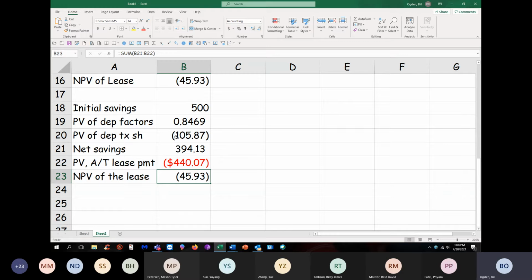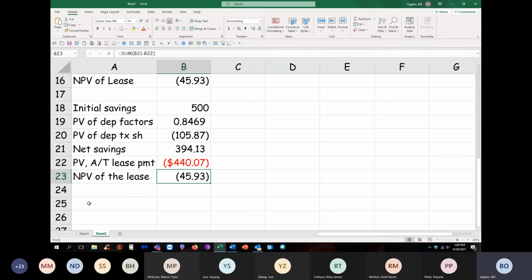And the maximum payment the lessee should be willing to make is the indifference value, such that the NPV of leasing is exactly equal to the NPV of borrowing and buying. Okay, so the maximum you should be willing to make is where you come out with exactly the same NPV as you would either leasing or borrowing and buying.